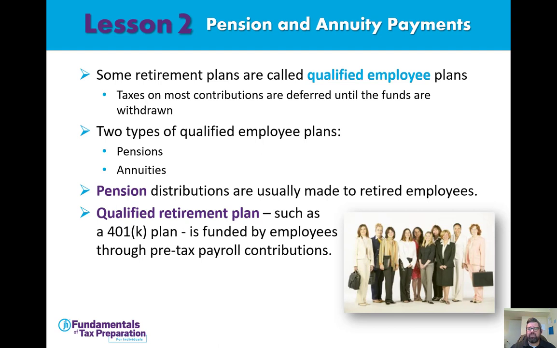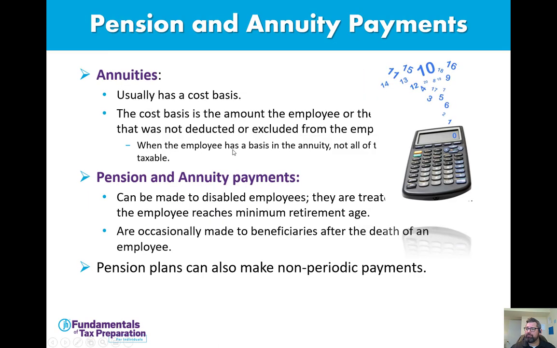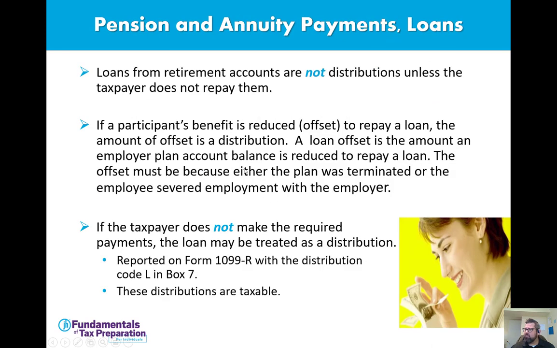And that's something that you may run across during tax preparation. Okay, so this talks about what annuities are and what pension and annuity payments are. I'm more interested in getting to the portion where it talks about the forms they come on, because if you just follow the form, it will get you to the right result.